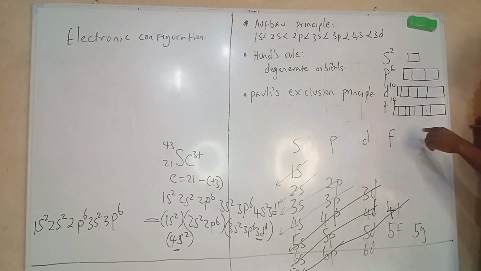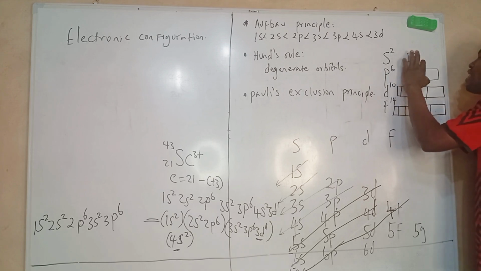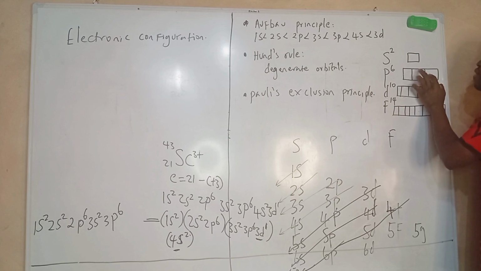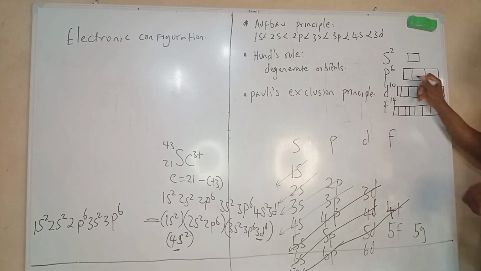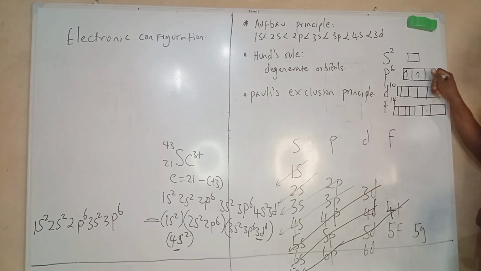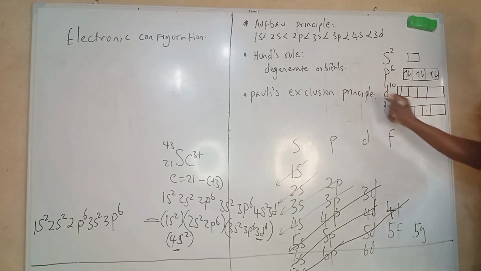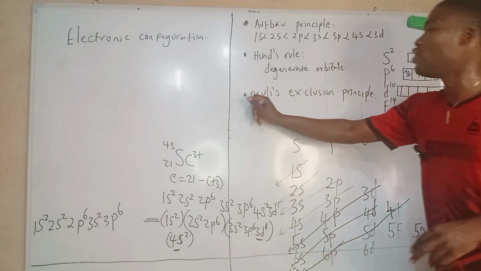So the rule is trying to tell me that when filling electrons into these orbitals, we fill singly before coming back to pair. That means I fill singly like this before coming back to pair. And the pairing is important. How do I pair? Who tells me about how I pair? Pauli's exclusion principle.